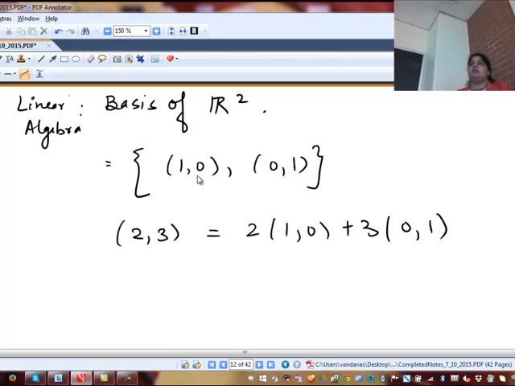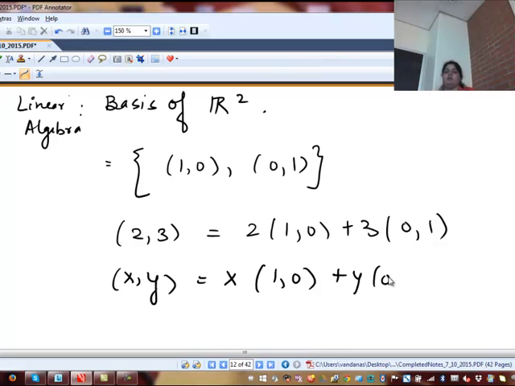So that means if I get a basis, or a fundamental set of solutions, I will take a linear combination and generate every single function which satisfies my differential equation. If you have a basis of R2, any point (x, y) is nothing but x times (1, 0) plus y times (0, 1).